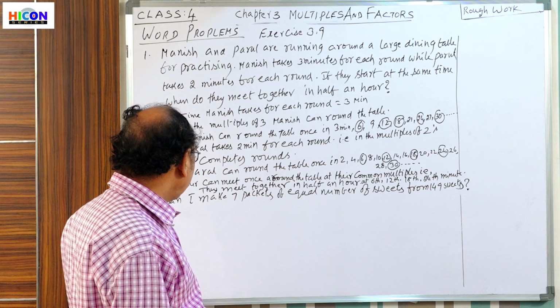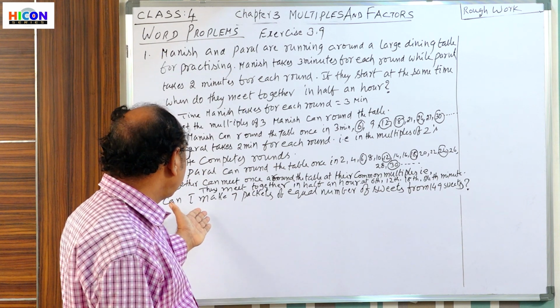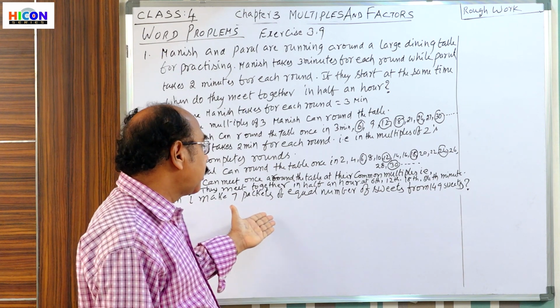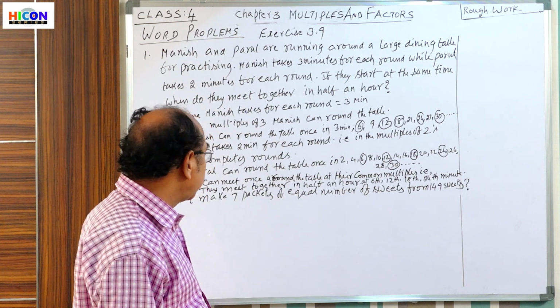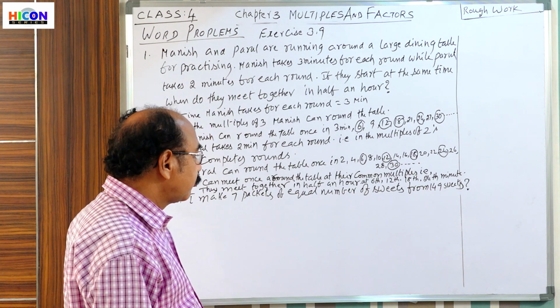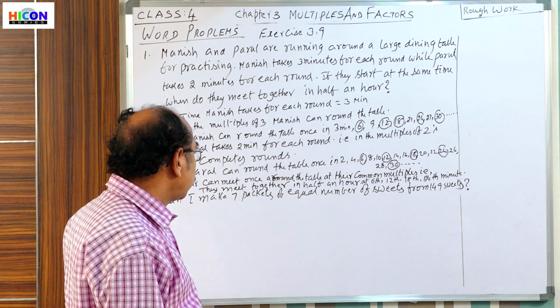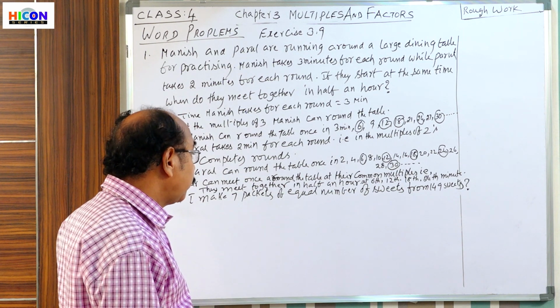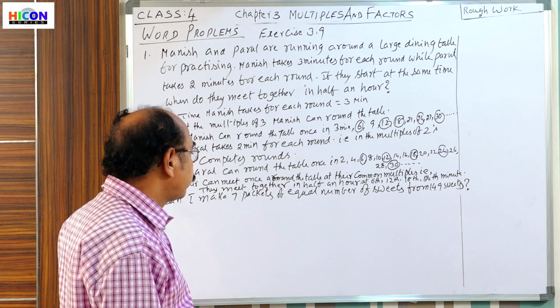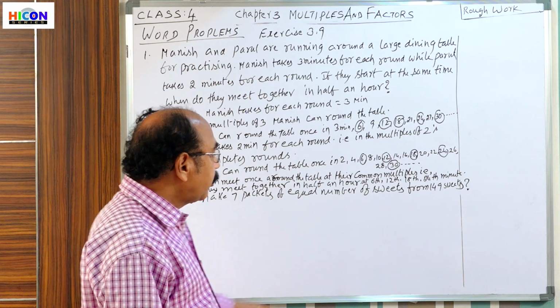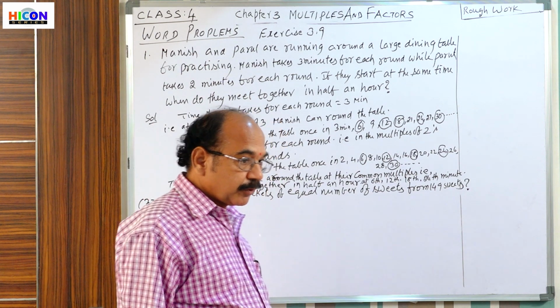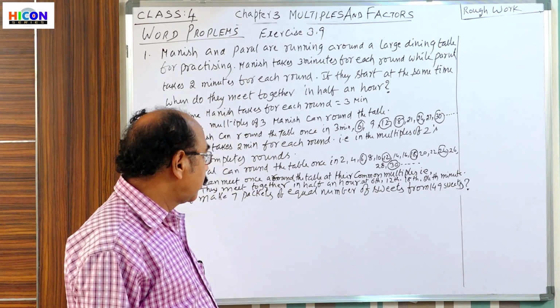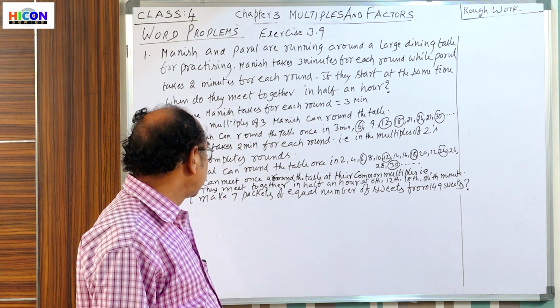Okay. Now this one you see: can I make 7 packets of equal number of sweets from 149 sweets? Total number of sweets is 149.